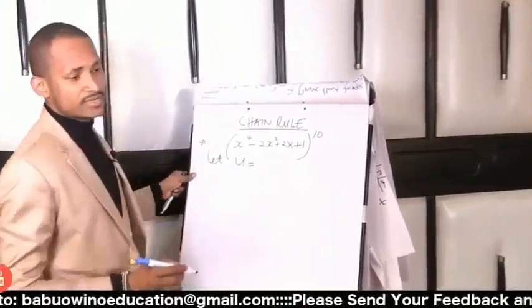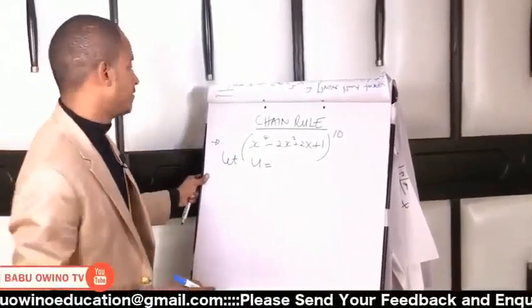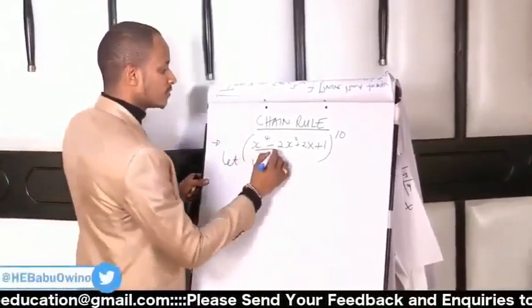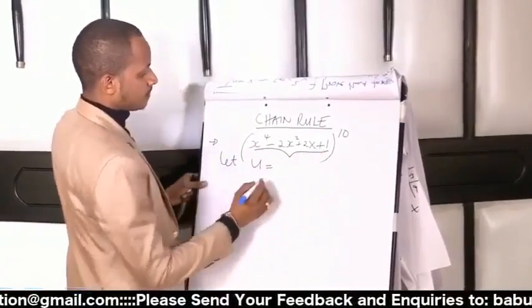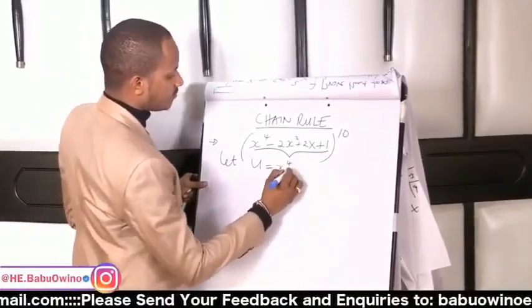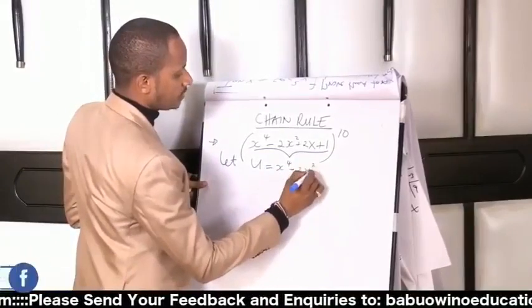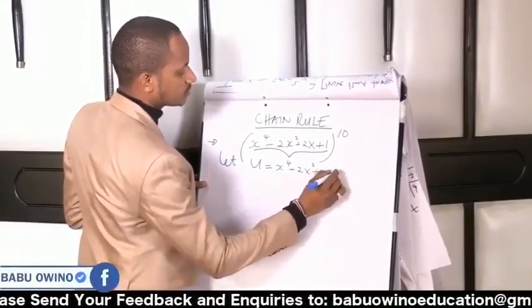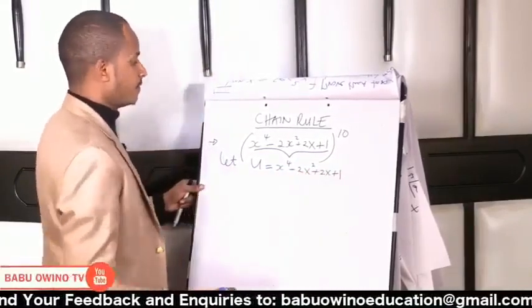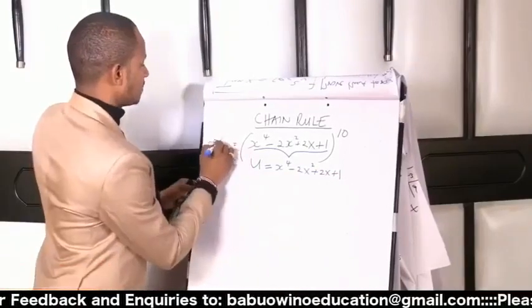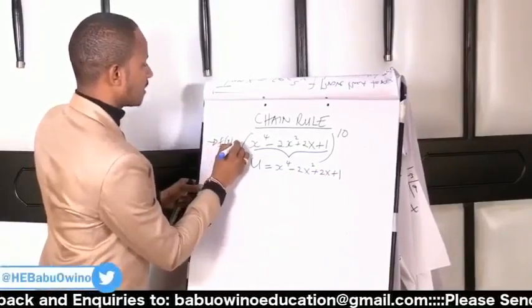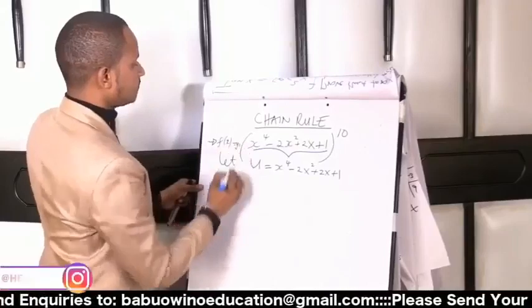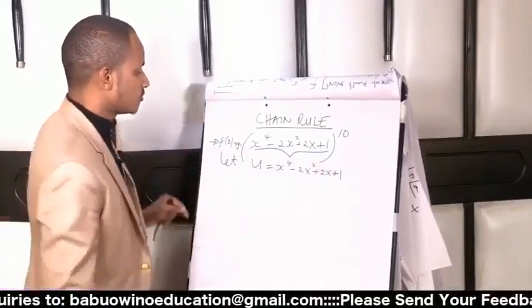Remember, in all this we are just using u and v. So let u be equal to this function, which is x raised to power 4 minus 2x squared plus 2x plus 1. So if our function is f of x or y equals this, then u is equal to this.